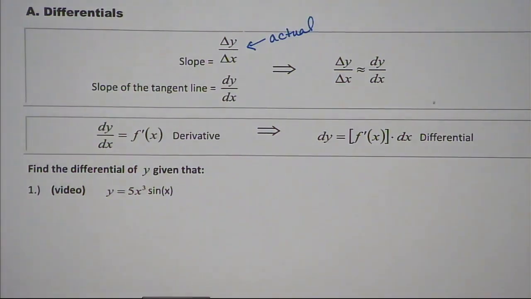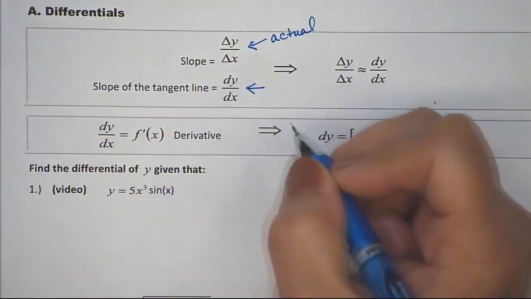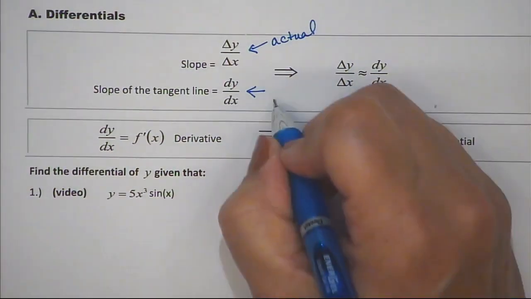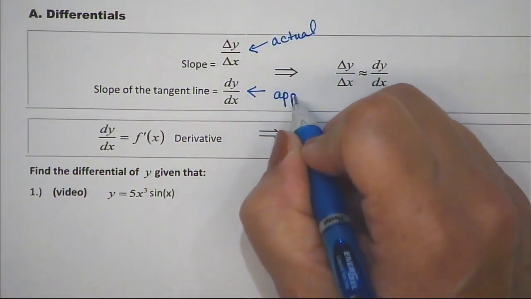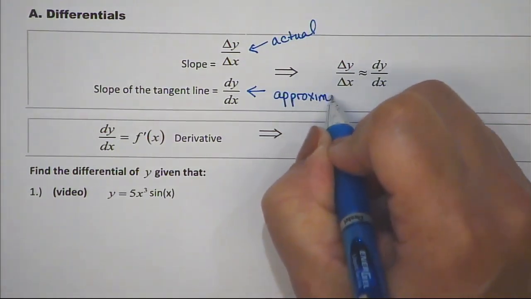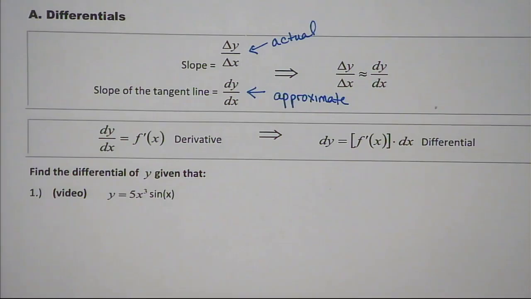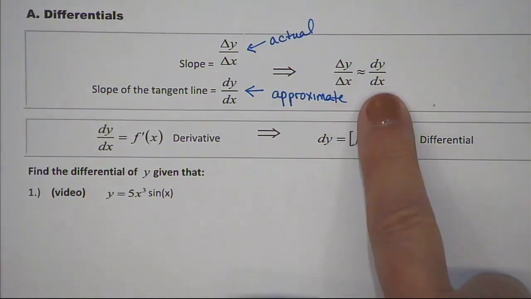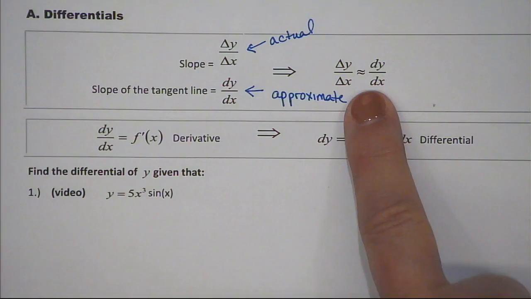When they ask you for an approximation, then we're looking at the slope of the tangent line, dy dx. So this is an approximate value.